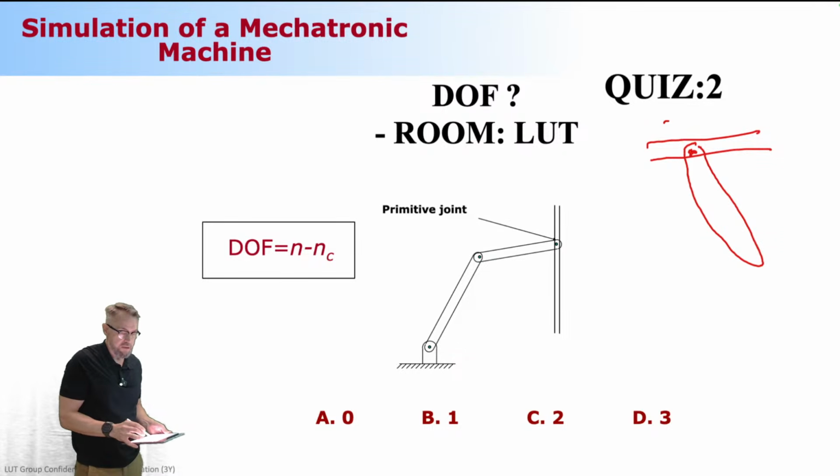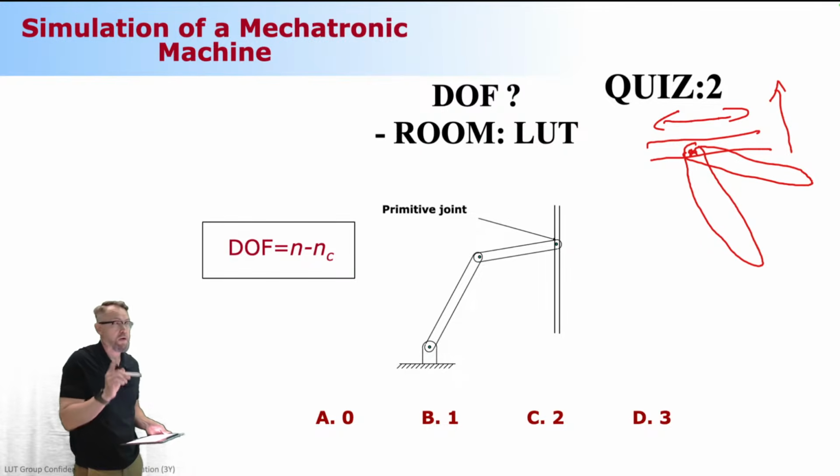So this can slide left and right. This body can rotate like this, but it cannot go in this direction. So it's constraining 1 degree of freedom only. So it requires 1 constraint equation only. So this kind of primitive joint is one constraint equation, not more than that.